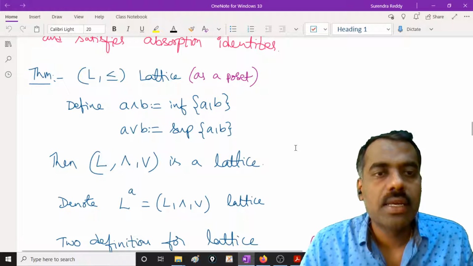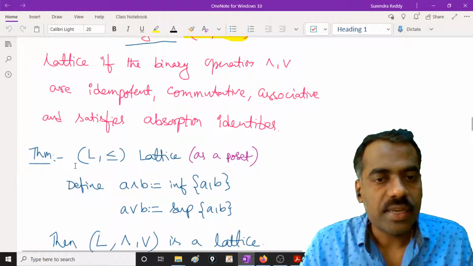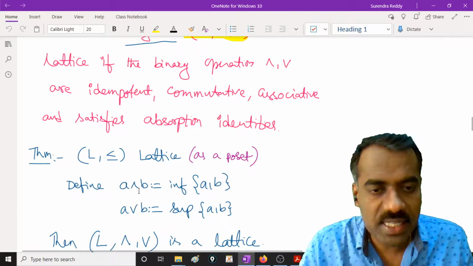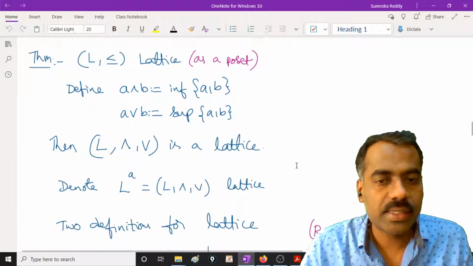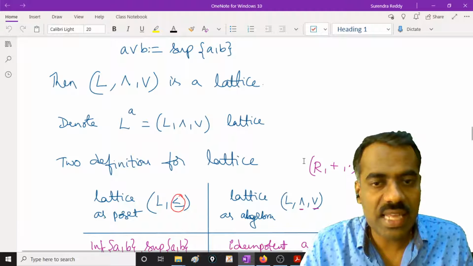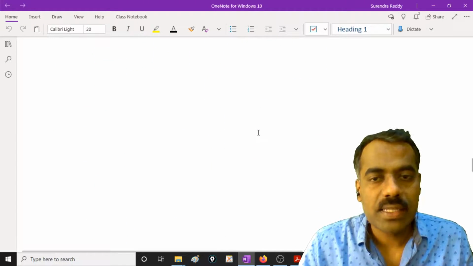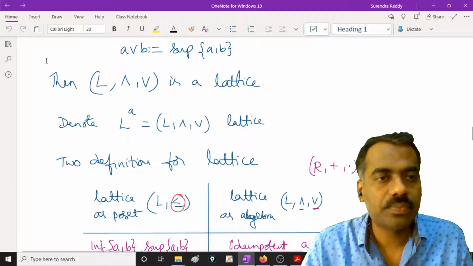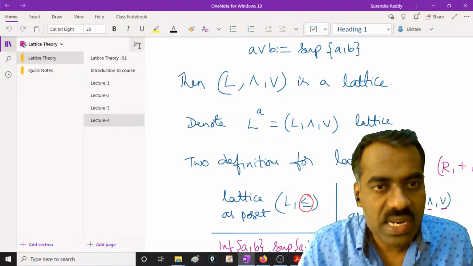The first result we proved is that by taking a lattice as a poset and defining two operations, meet and join, we get an algebra that is also a lattice. We proved all these properties, right? The second one we have discussed is the reverse way, which we will see now.